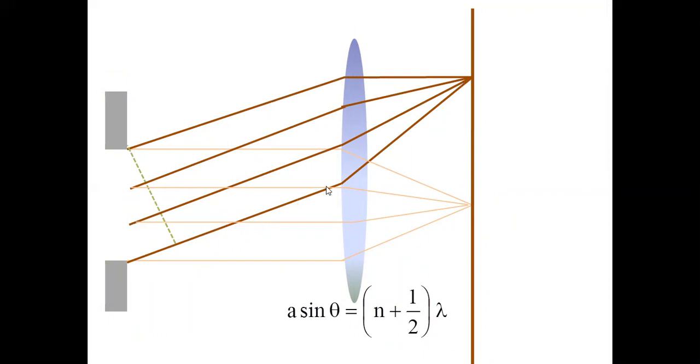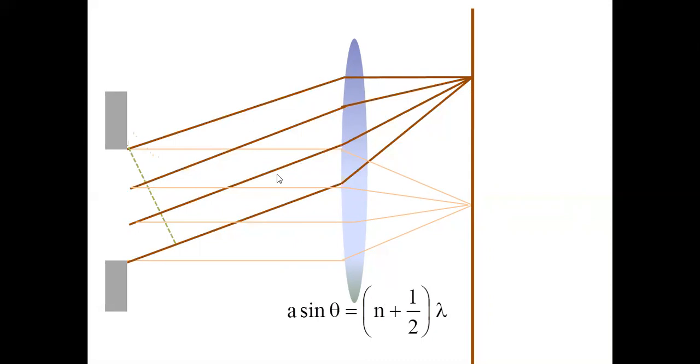This wave has to travel a longer distance. How much longer? This much longer. What is this? This is a sin theta. a sin theta is equal to (n plus half) lambda means it is a bright fringe. So if the path difference between the wave starting from here and here is (n plus half) lambda, then this will be a bright fringe.